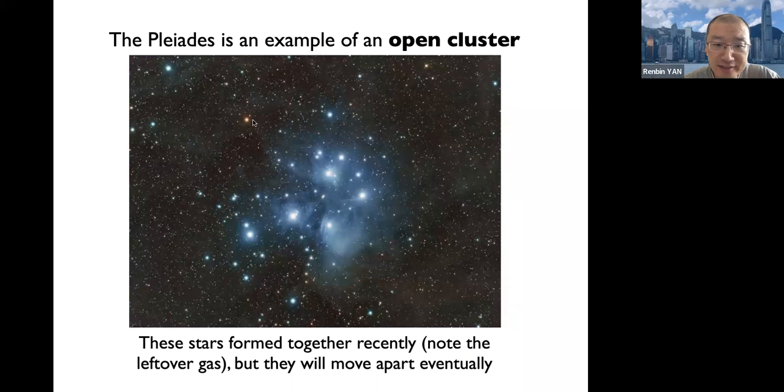Here, as I showed you this picture last time, is a picture of the Pleiades. It is an open star cluster. We call it open because the star density is not very high, and you can tell them apart easily. The stars in an open cluster are not gravitationally bound to each other. The gravity between these stars is not strong enough, and they will gradually fly away from each other.